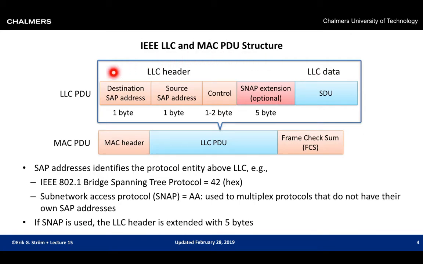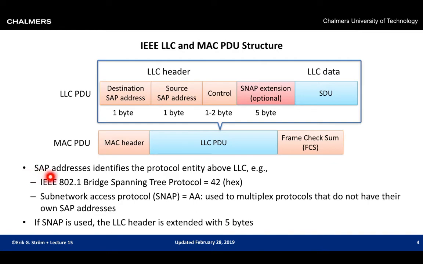Okay, this whole PDU, the LLC PDU, is then encapsulated in the MAC PDU. So the MAC PDU consists of a MAC header, then the link layer control PDU, which is what's above here, and then a frame checksum on the whole thing. Okay, so this is typically a CRC.